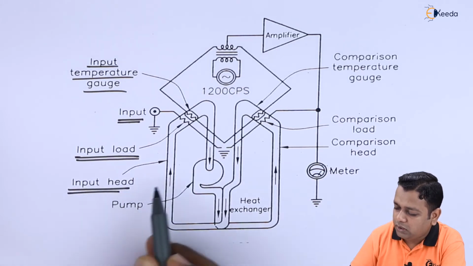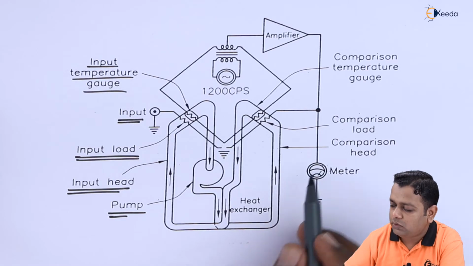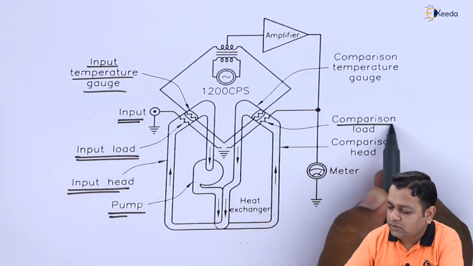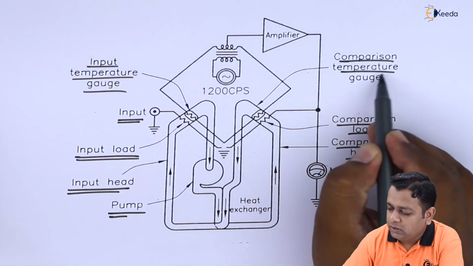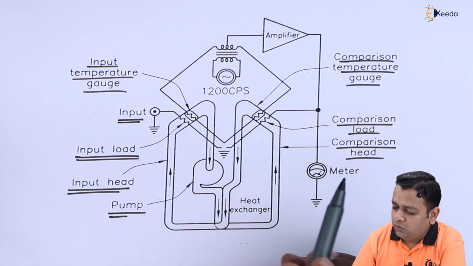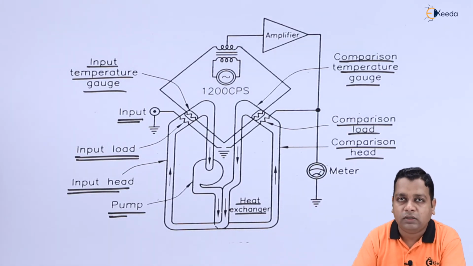We have the input heading here. We have the pump, and then the next part for the comparison load, comparison head, comparison temperature gauge here. With this arrangement where we have the heat exchanger also, finally we can make the measurement of the medium type of the power here.